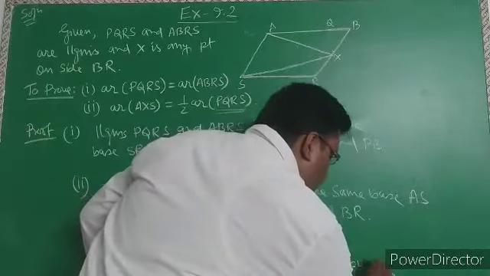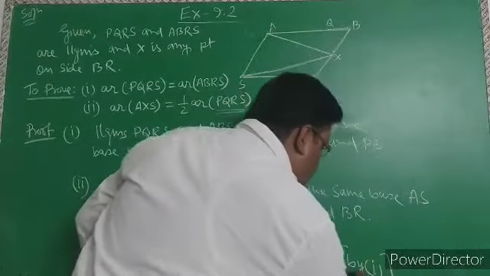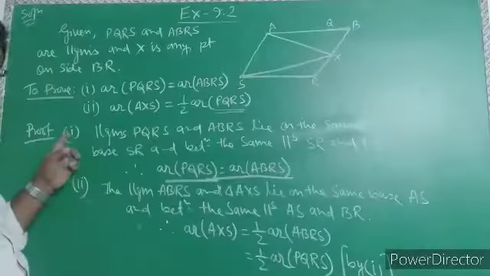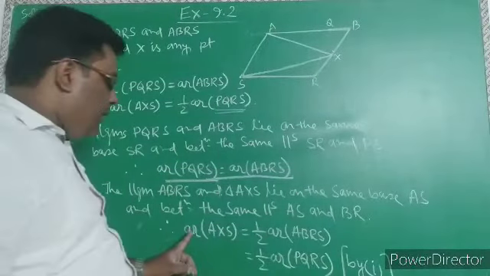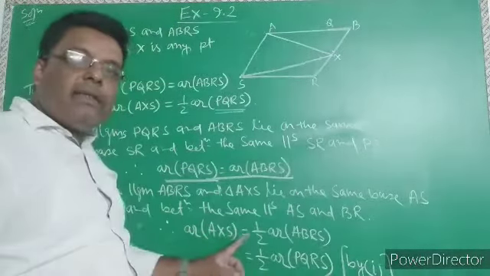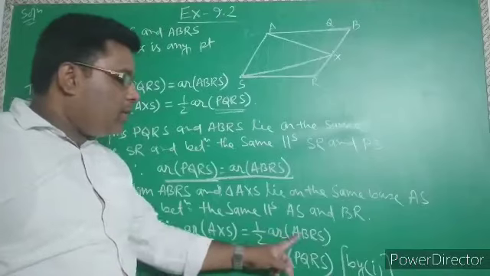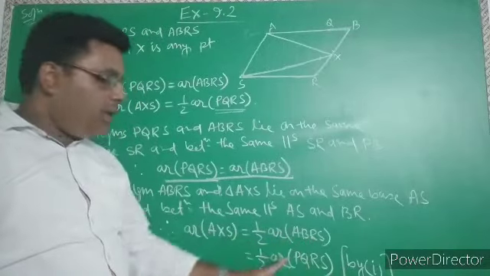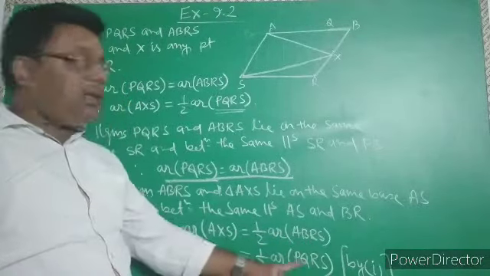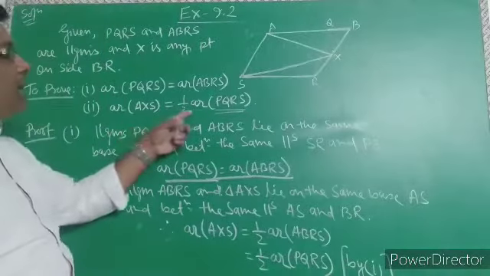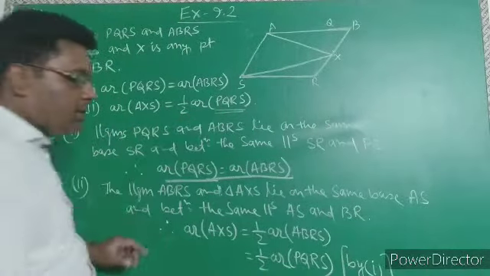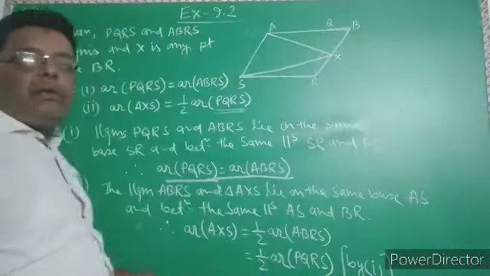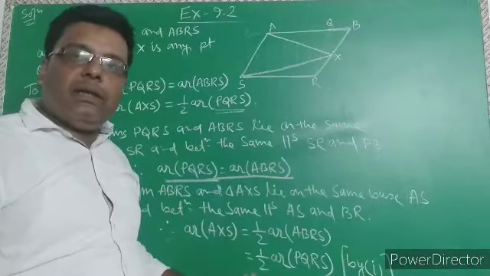Why? By 1, which we have already proved. In place of half of area of ABRS, we can write half of area of PQRS. So AXS is equal to half of area of PQRS. So this is the required proof. It's a simple proof.